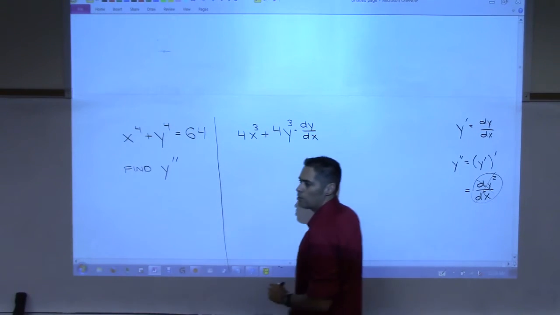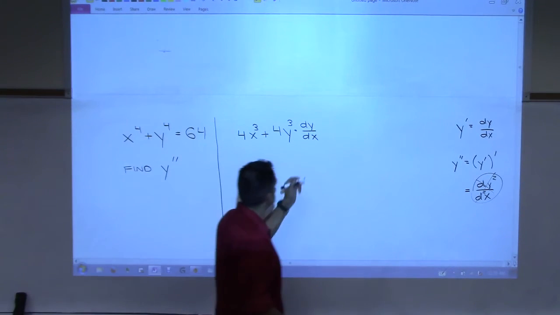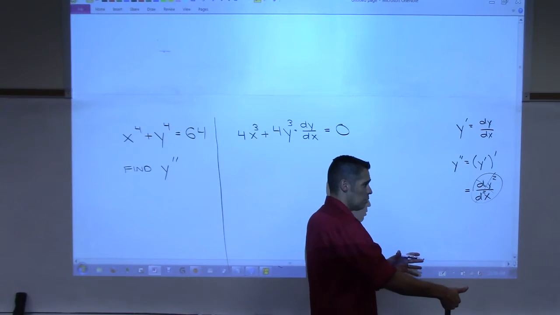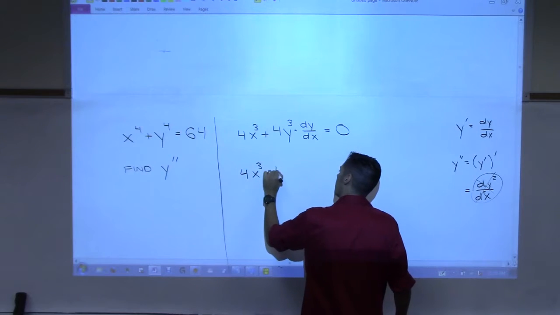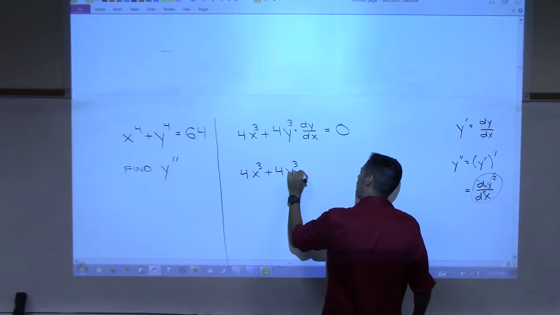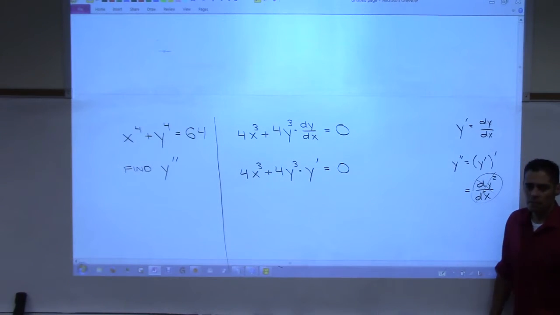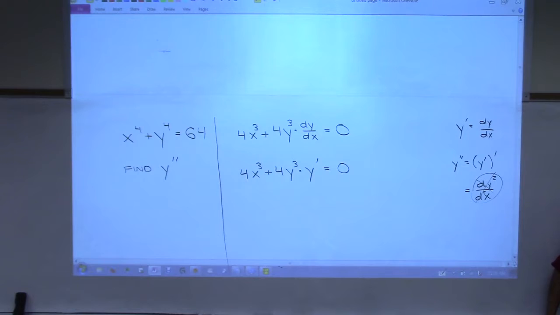So there's your chain rule. And then equals 0. Now, I said I was going to use slightly different notation, right? So here we go. I'm just going to write this. I think you would all agree, hopefully, that that's the exact same thing. I'm just using a different notation. Instead of dy dx, I'm writing y prime. That's real hard to write.